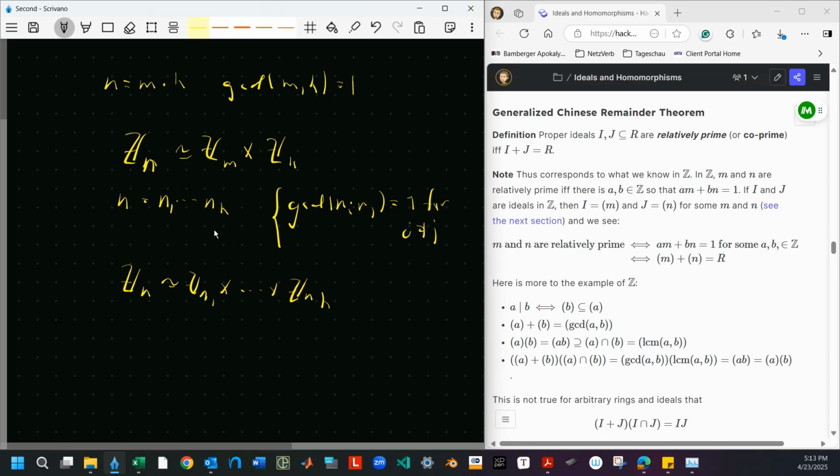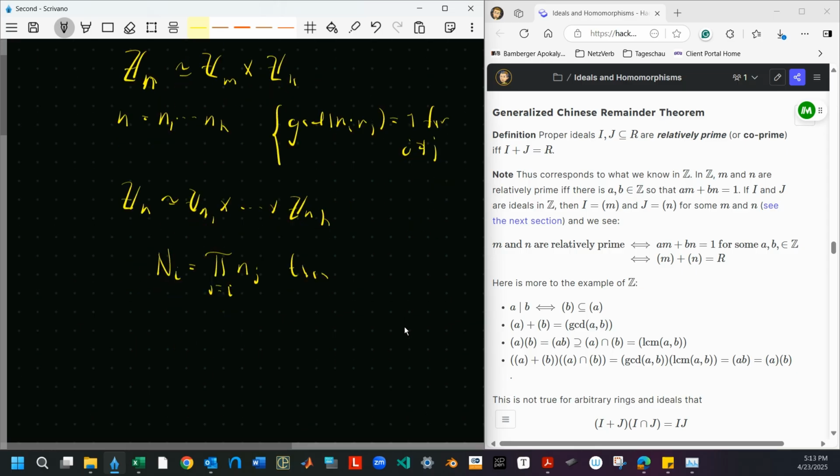If I define Ni to equal the product of the little nj for j not equal to i, so this is the product of everything except i, then the GCD of Ni and ni is equal to 1. So those are actually relatively prime.